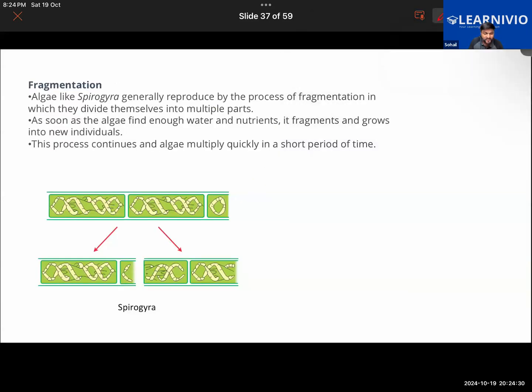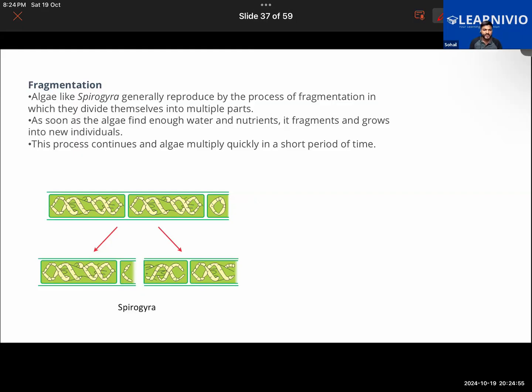Next, we are going to learn about fragmentation. In fragmentation, generally some algae, for example Spirogyra, which is an alga, reproduce by splitting into multiple parts. It will split into different fragments, and each fragment will grow into a new Spirogyra.